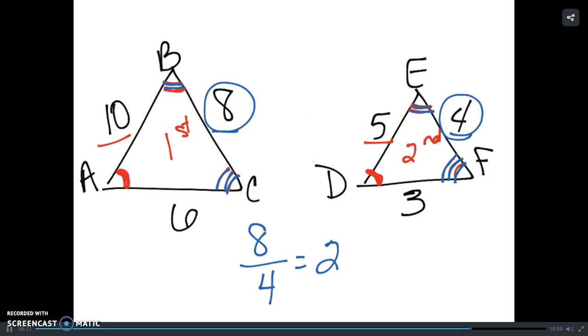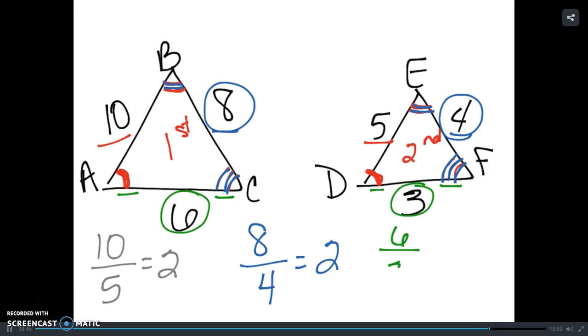And you'll notice I got 2 again, right? First we compared 10 over 5, and we got 2. Then we compared 8 over 4, and we got 2. And if we compare the last 2 sides, between the 3 tick marks and the 1 tick mark, that's 6 over 3.